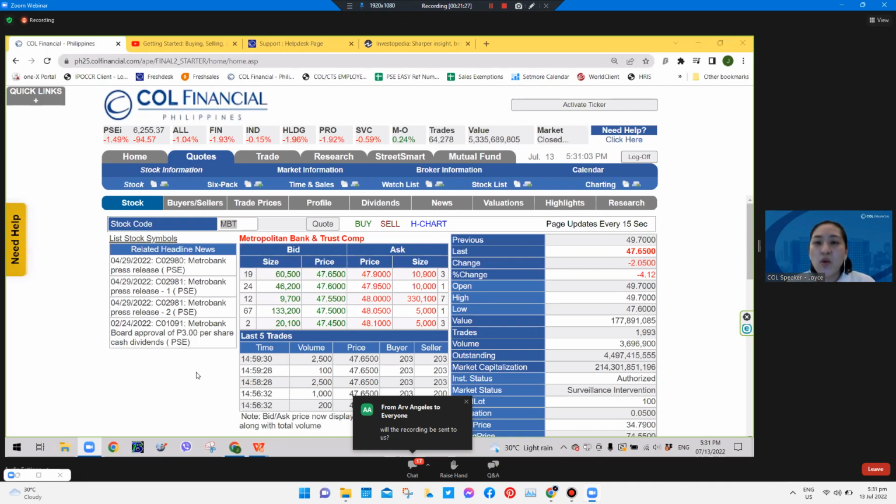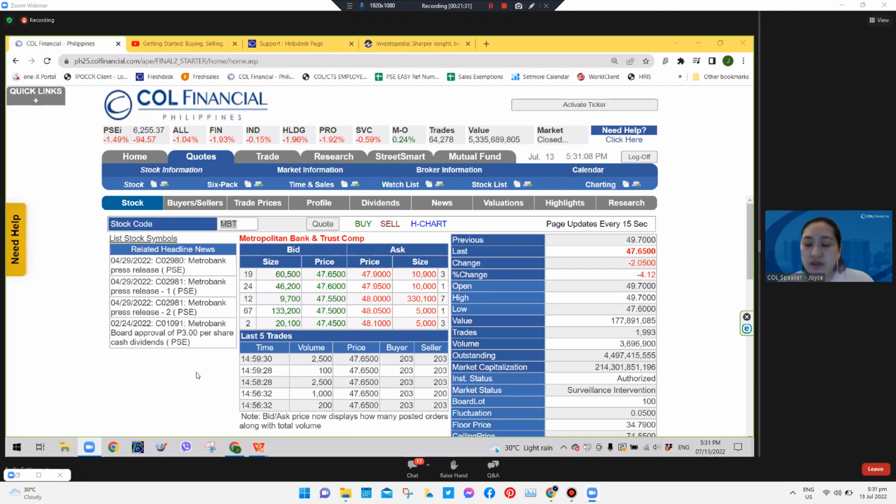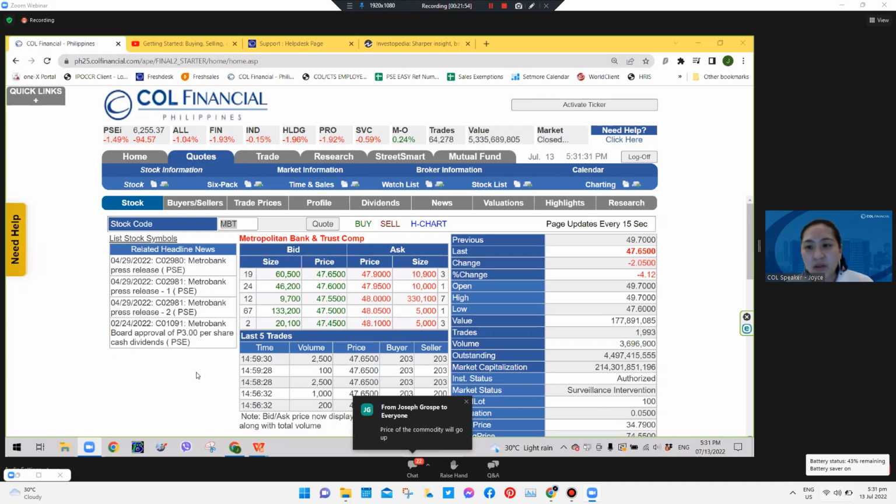So let's say news came out that there's a bad harvest this year in our country, and the rice farmers did not harvest so much this year. Hey, now what do you think will happen to the price per kilo for that rice, or yung bigas na yun? Do you think the price will go up or do you think it will go down?